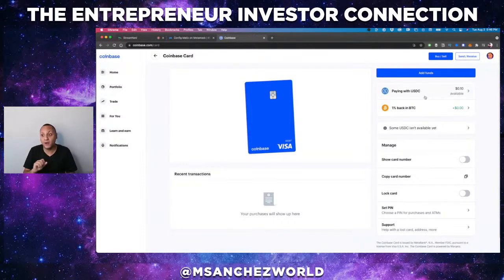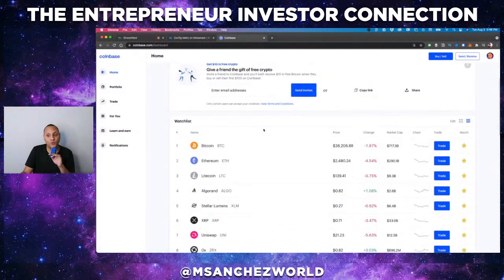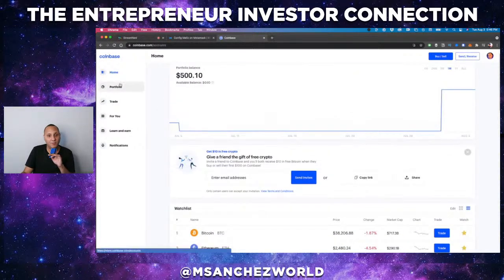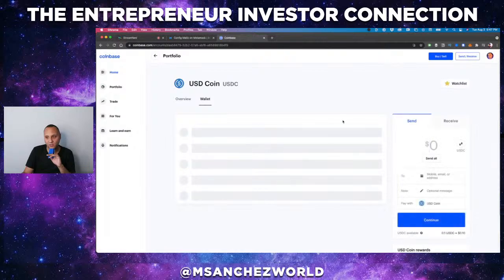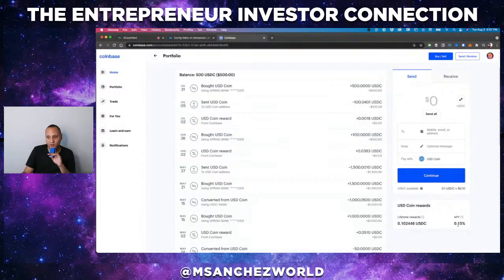Check this out, even better. Look how much percent interest they give you on your USD in Coinbase. 0.15% interest right here. 0.15% interest on the USD you have here. So now if you look at your bank account, how much does your bank account give you?